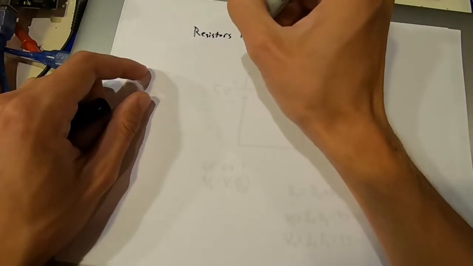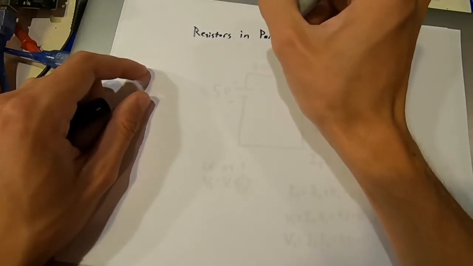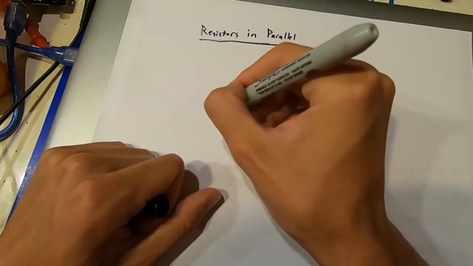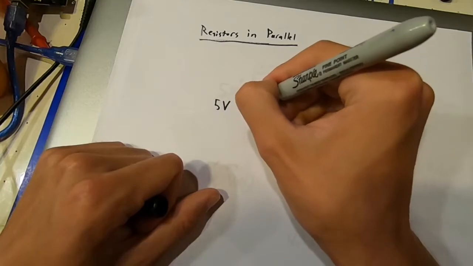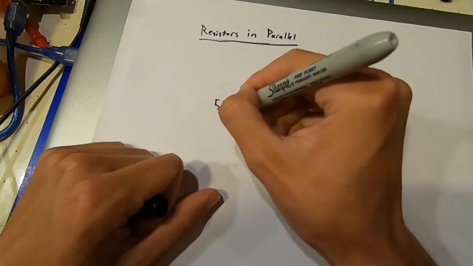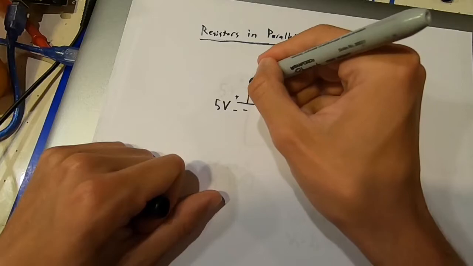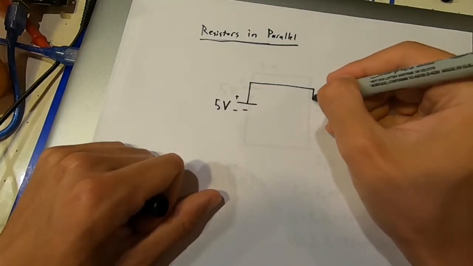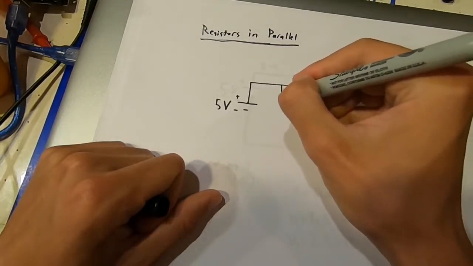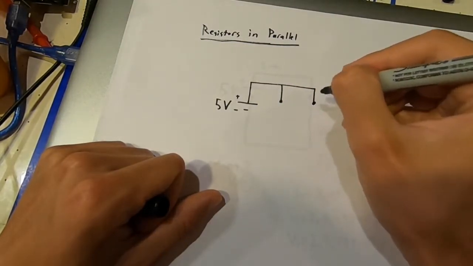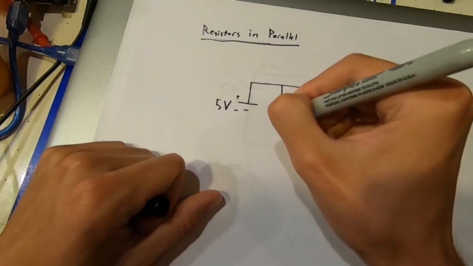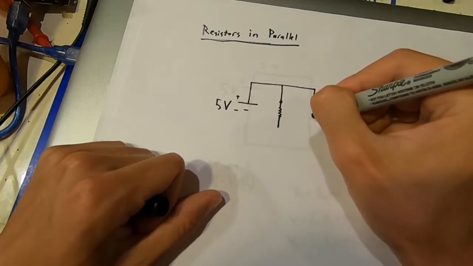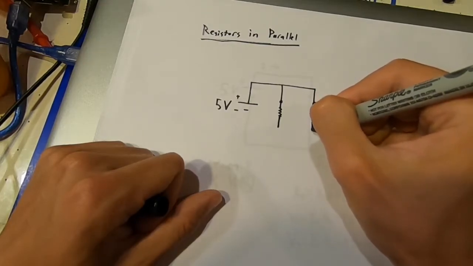So resistors in parallel. We're still going to have our 5-volt power supply. But instead of having our resistors in a line, they're going to be parallel to each other so that the current has two different paths that it can take.